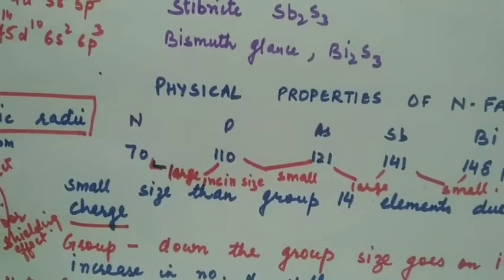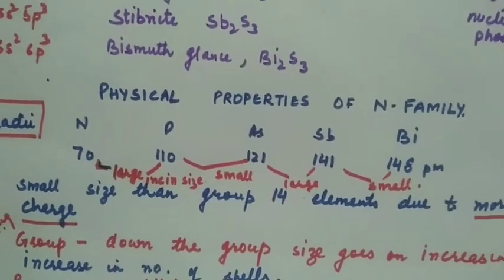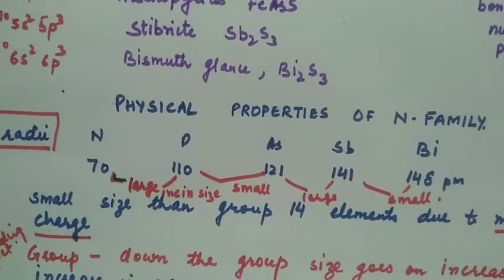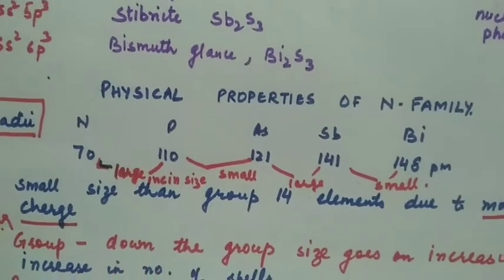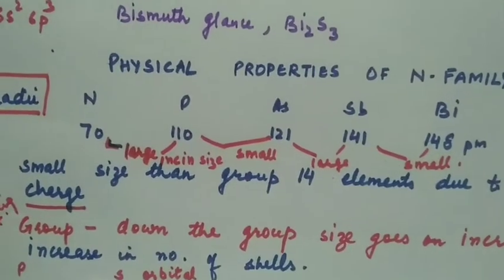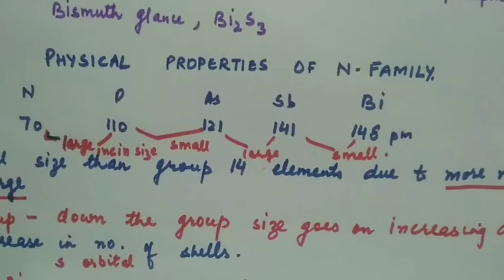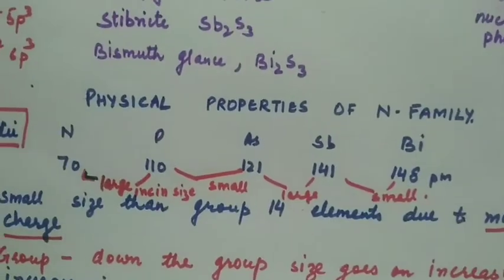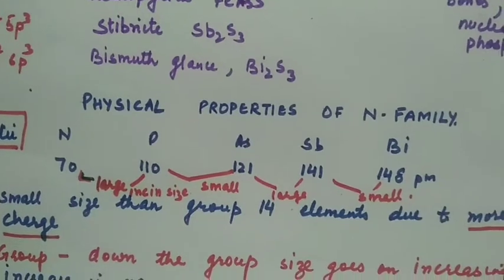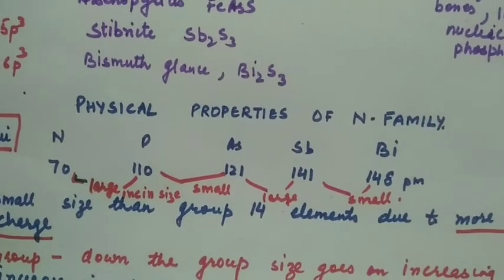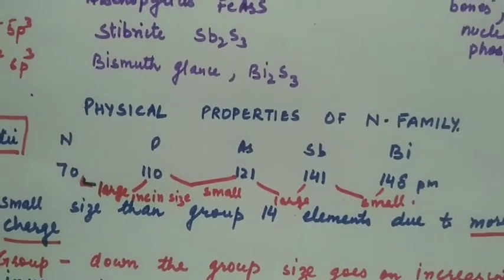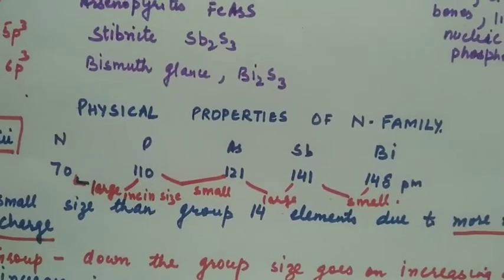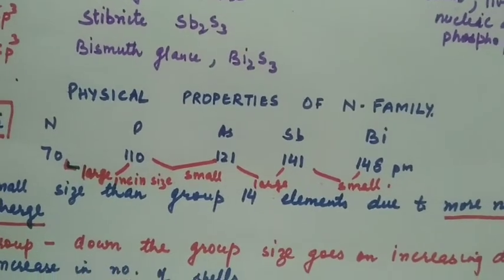Now, the atomic radius of group 15 elements is less than that of group 14 elements. It has smaller size than group 14 elements due to more nuclear charge. Nitrogen has radius 70 picometer, phosphorus 110 picometer, arsenic 121, antimony 141 and bismuth 148.